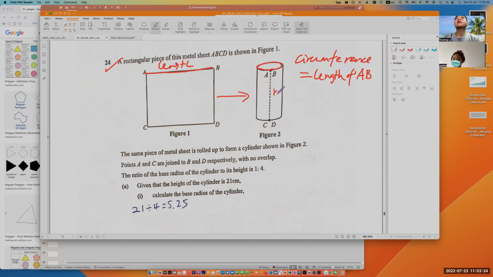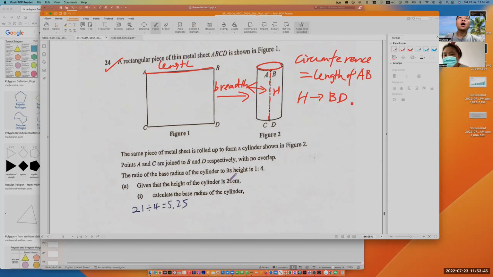And then the height here is actually the breadth. Does it make sense? Okay, so these are the main concepts here. The height is equal to BD.